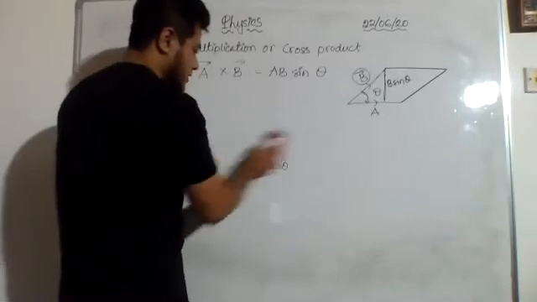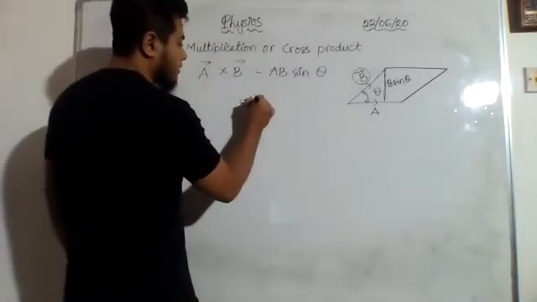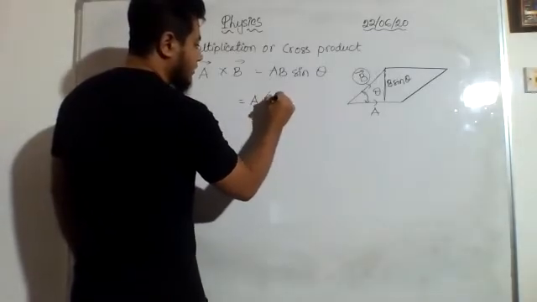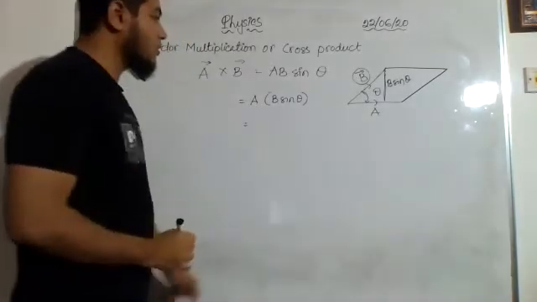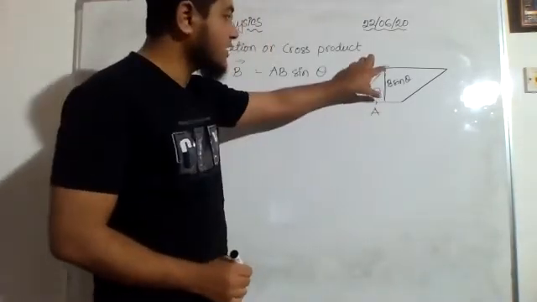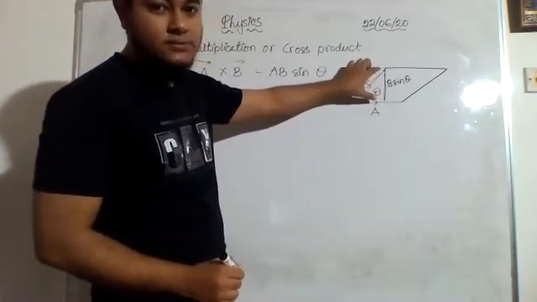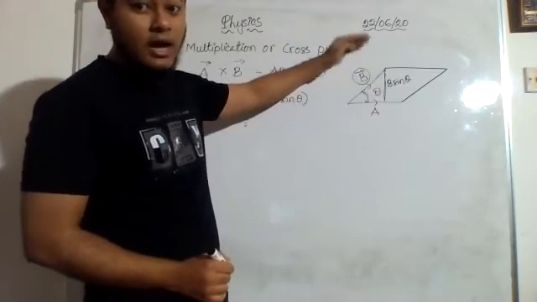Now, here A into, see, I will write this B sin theta in brackets. Now, A is the base of the parallelogram, right? And B sin theta, what is it? The perpendicular height.